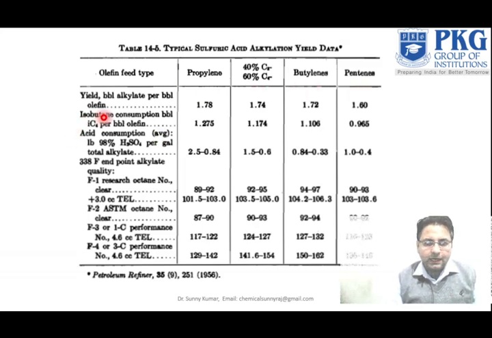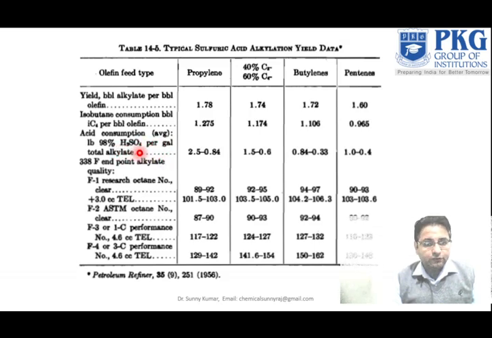The yield for propylene is 1.78 bbl, 1.74 for the 40%/60%, 1.72 for butylene, and 1.6 for pentene. Isobutane consumption is 1.275, then 1.174, for butylene it is 1.106, and for pentenes it is 0.965.